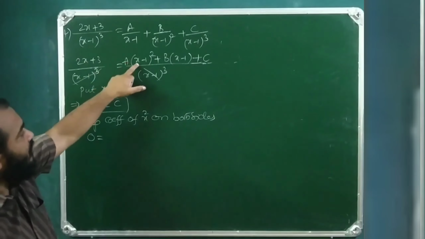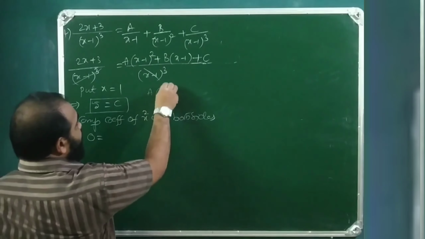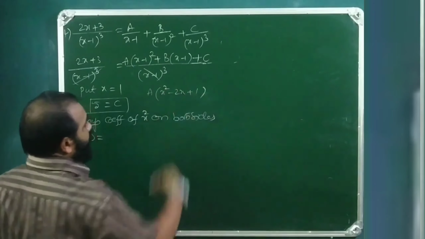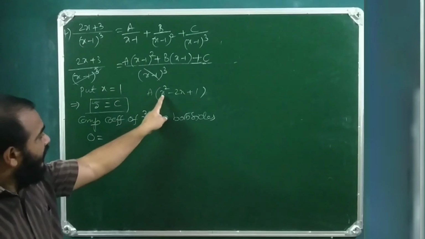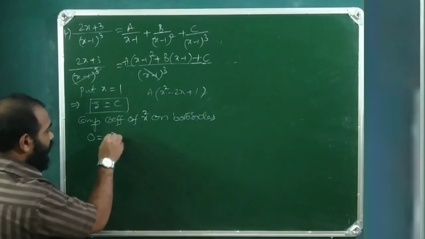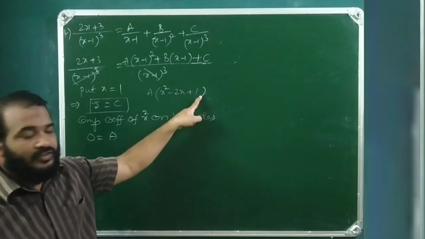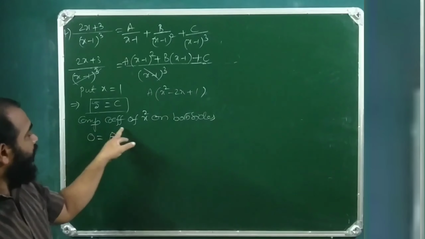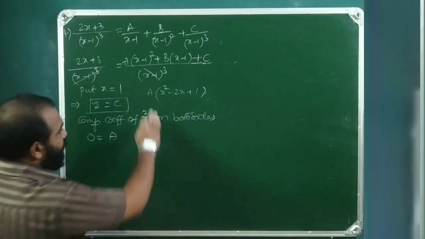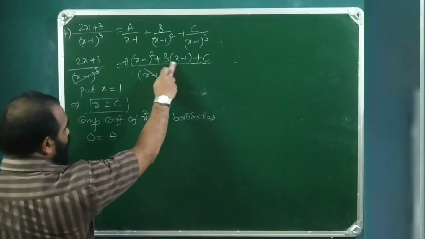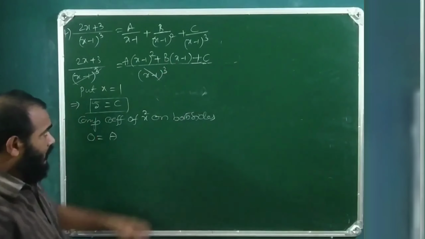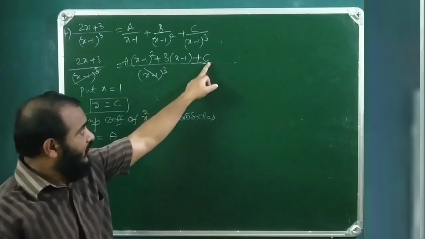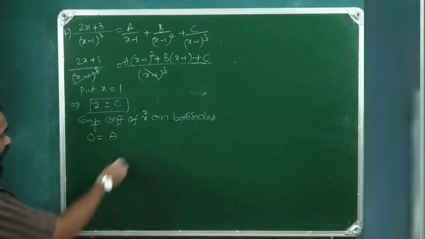So if you expand this, A into x square minus 2x plus 1, so the x square coefficient is A here. We don't require x and the constant since we are comparing the coefficient of x square only. Now, here B into x minus 1, x and constant we have here. Here constant. Therefore, A equals 0.